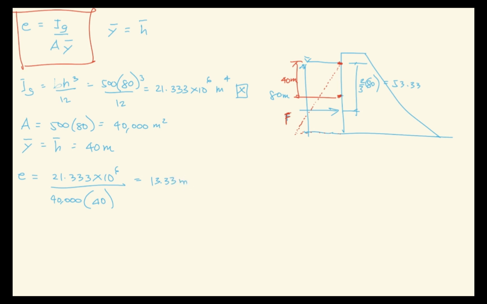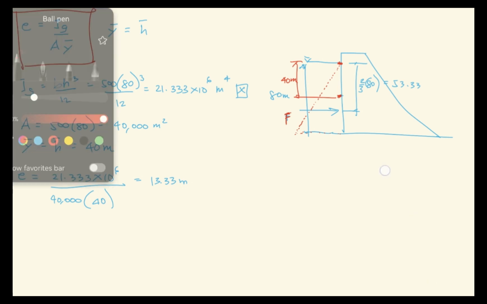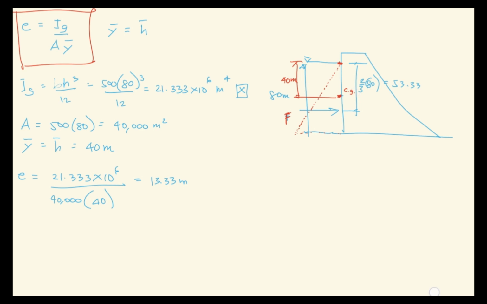Okay, so the distance from the center of gravity CG to the center of pressure CP is equal to 13.33.